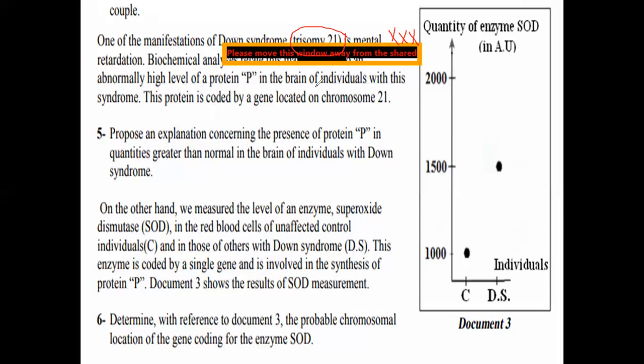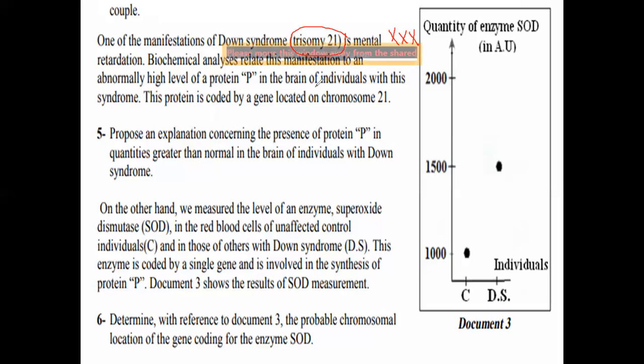So here, the explanation concerning the presence of protein P in quantities greater than the normal in the brain of individuals with Down syndrome is the fact that the individual with trisomy 21, or Down syndrome, has three copies of chromosome number 21.